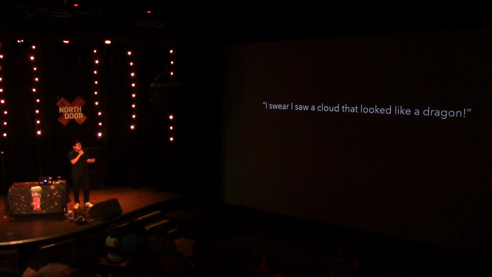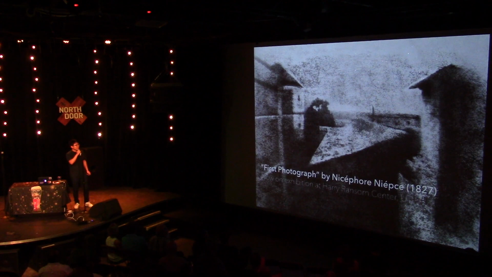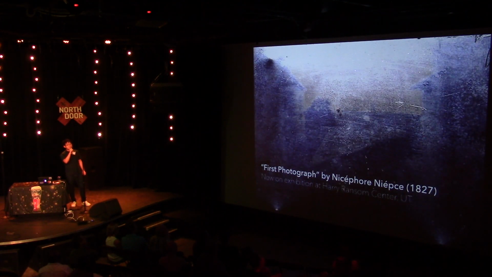But unless you have something magical, and that's why I'm showing you the first photograph made with natural light in 1827. And this is actually the first photograph, and this is what it looks like today. And you can actually go see it at the Harry Ransom Center at UT, which is pretty cool.